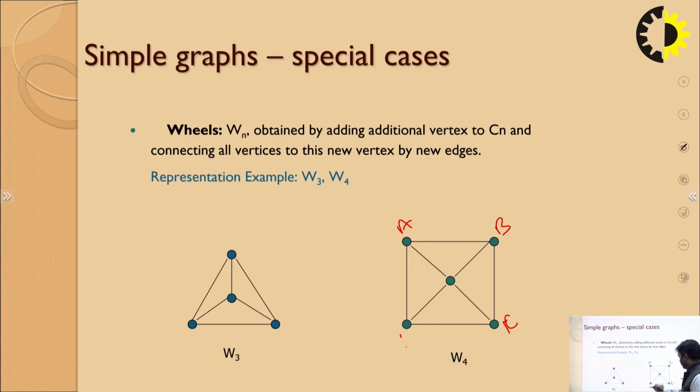This is a graph of 4 vertices A, B, C, D, which is known as a cycle. If we add a vertex in the middle and connect each vertex of A, B, C, D to it, then it is a wheel.